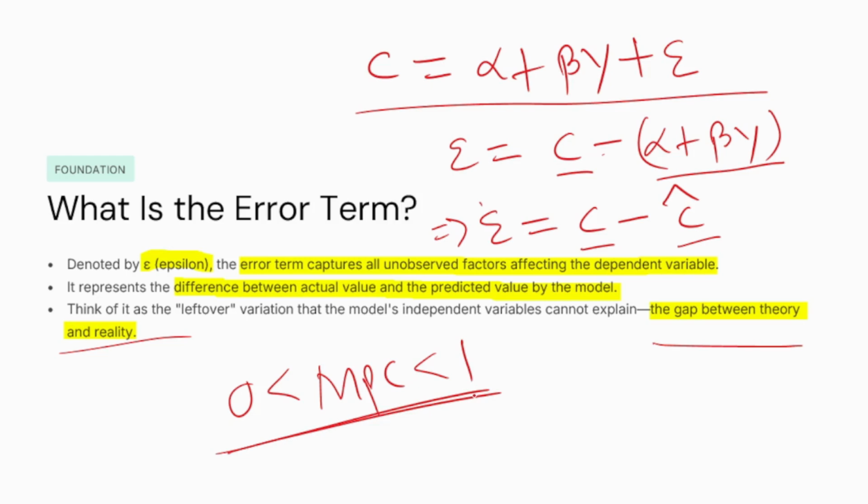So in that case, MPC may not lie between 0 to 1 and it can be greater than 1 also. And this difference between the theoretical value of the MPC and actual value of the MPC is particularly because of the error term or unobserved factors which can affect our dependent variable.